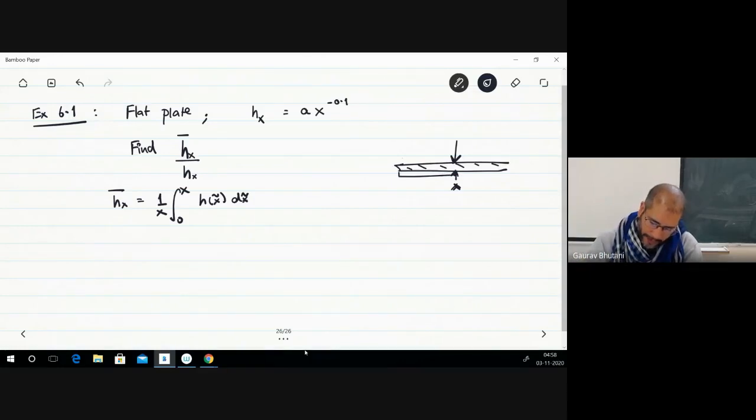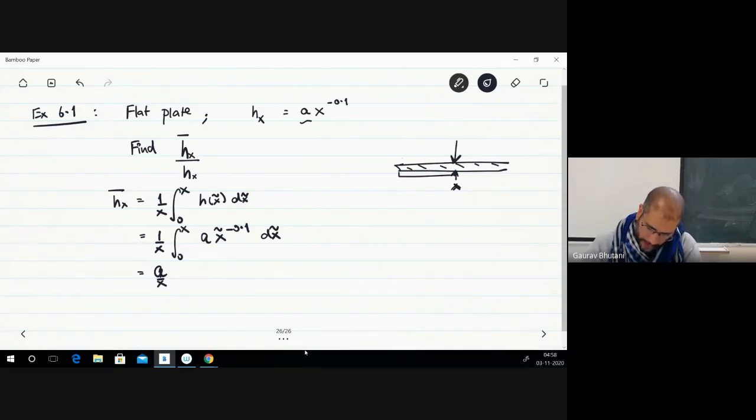Well, Hx bar is easy to calculate. Okay, so the integral of x to the power of minus 0.1, a is a constant here, so I can take the a out, and then I have to integrate x tilde to the power of minus 0.1.